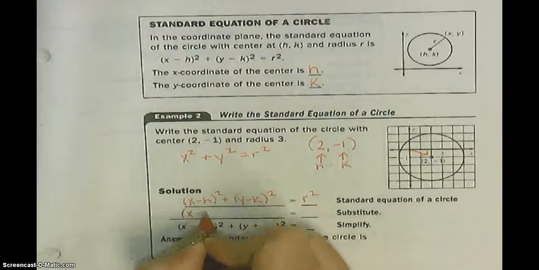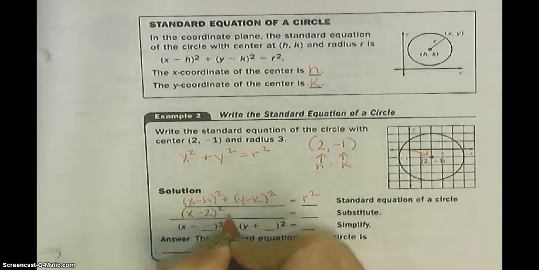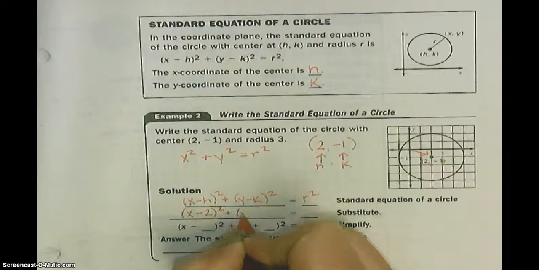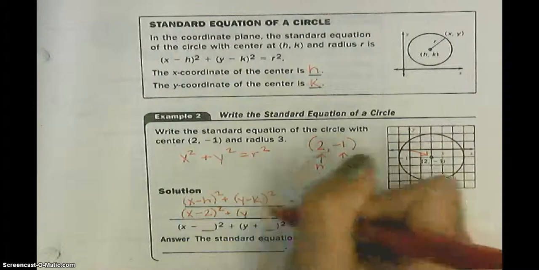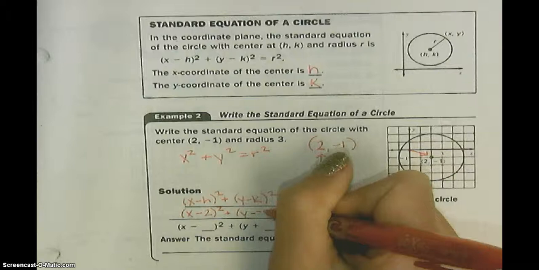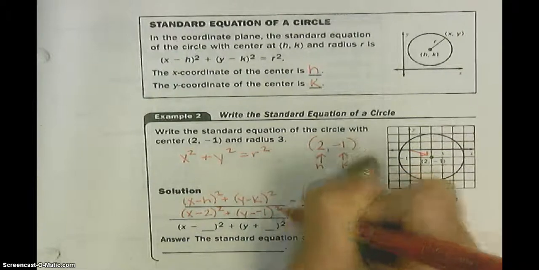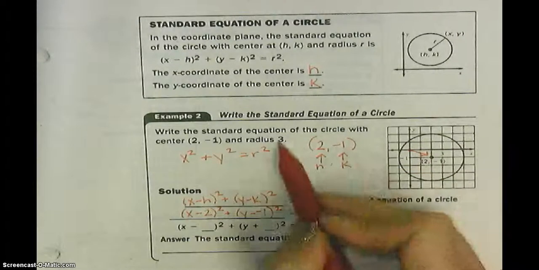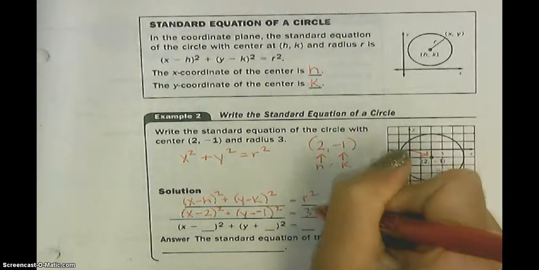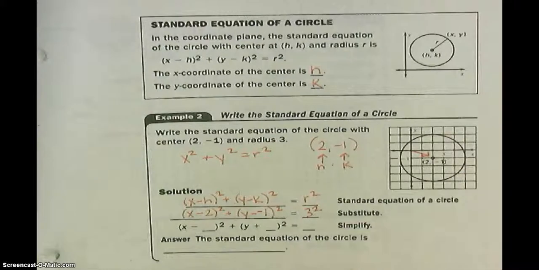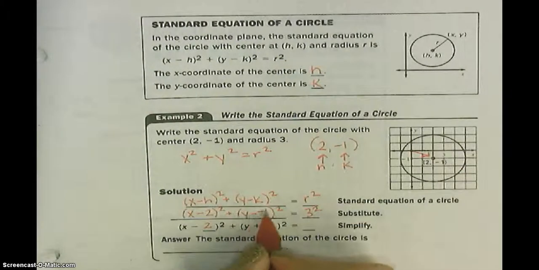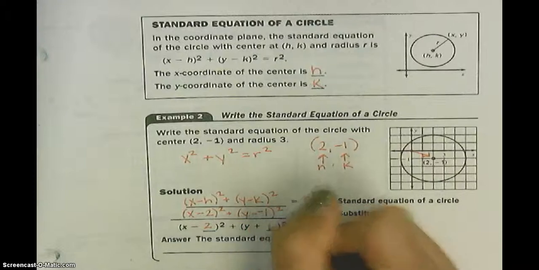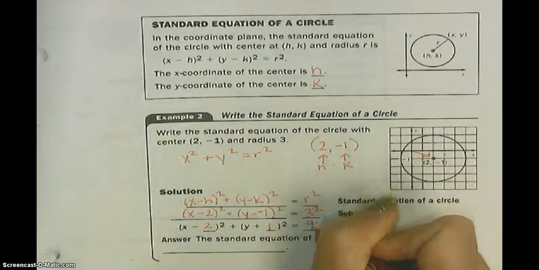x minus 2 squared, plus y minus a negative 1 squared, equals, and our radius is 3, so 3 squared. Now we have to simplify this. Two negatives turn into a positive, and 3 squared is 9.